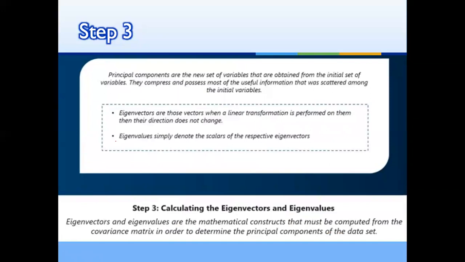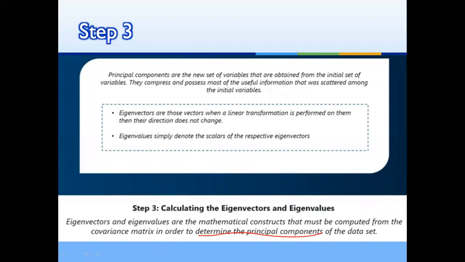Those provide more information for your model, right? Then after finding the covariance matrix, we can calculate the eigenvectors and eigenvalues. Actually, eigenvectors and eigenvalues are the mathematical constructs that must be computed from the covariance matrix in order to determine the principal components of the data set, right? As we discussed in the previous session, eigenvalues help you find the principal components.